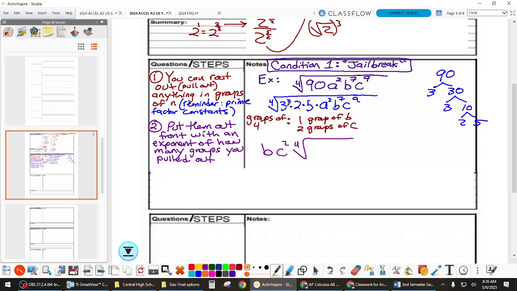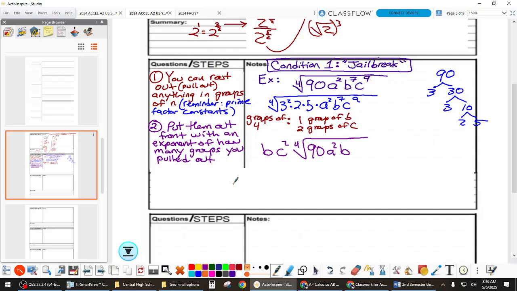Do I still need to have the number all factored, or can I rewrite it back as 90? You can rewrite it. Since none of those numbers came out, it might as well be 90.